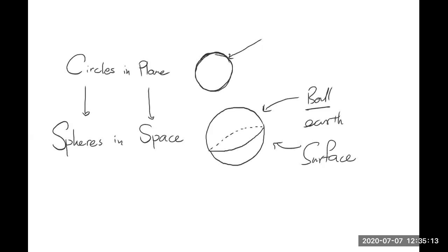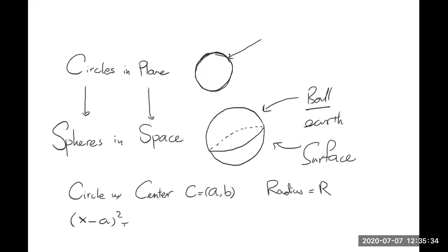Okay, so what is the equation of the sphere in space? It's very similar. The equation of a circle with center C equal to (a, b) and radius r is (x − a)² + (y − b)² = r². We can look at this equation and guess the equation of a sphere in three-dimensional space.